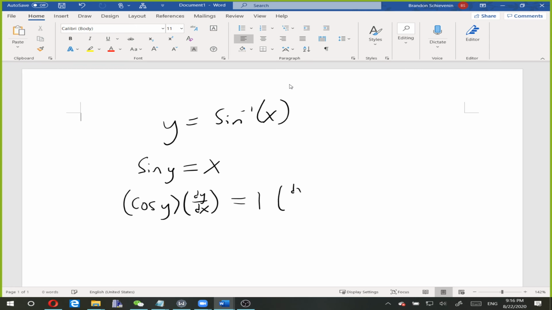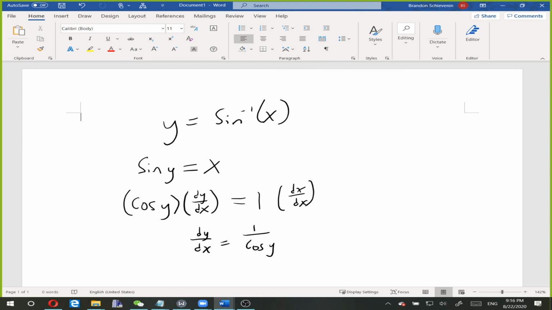Okay, and this would be dx over dx, which you don't have to write because it will cancel. Now our goal is to solve for the derivative, which is dy over dx. We need to get dy over dx alone. So this would be dy over dx is equal to 1 over the cosine of y.